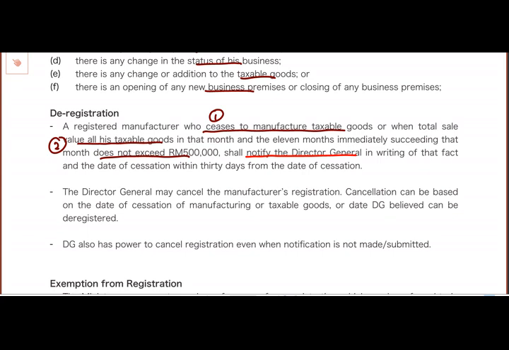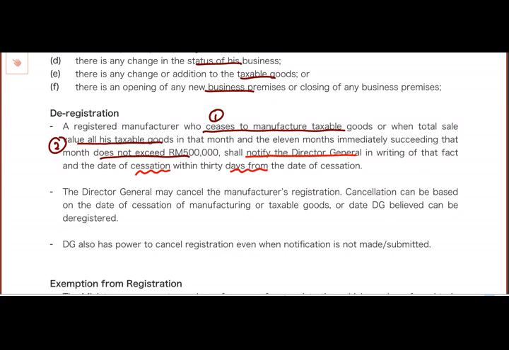Now, if the reason is cessation, then you have to do it within 30 days from the date of cessation. Alright? So for cessation, you have to do it within 30 days. Now, the moment you inform the DG that you want to deregister, it is up to the DG to approve the deregistration.